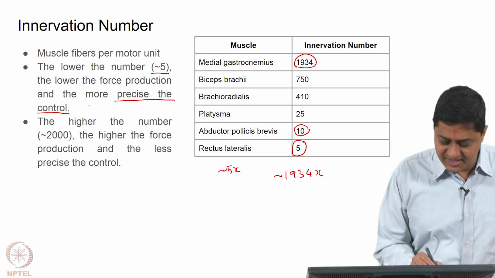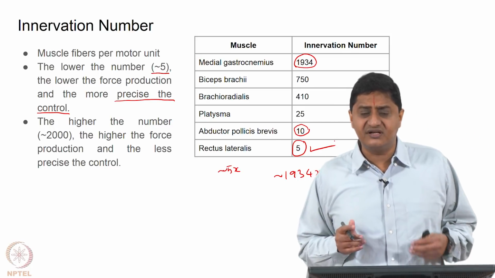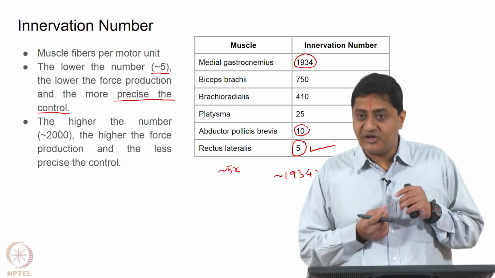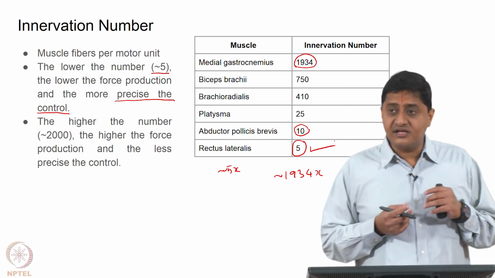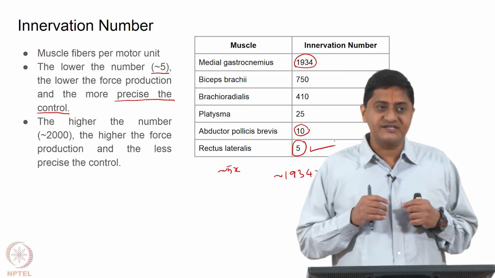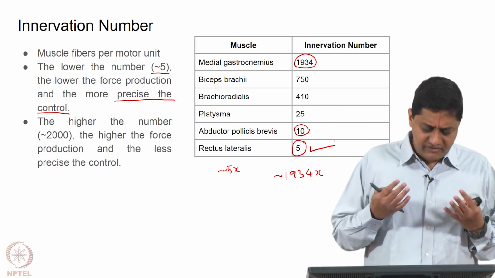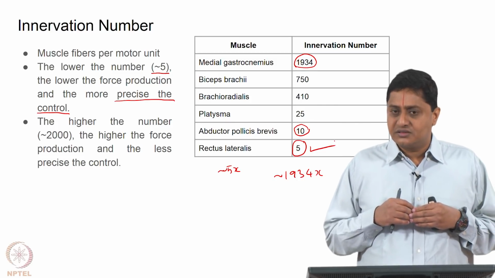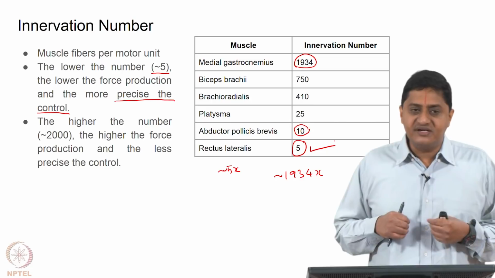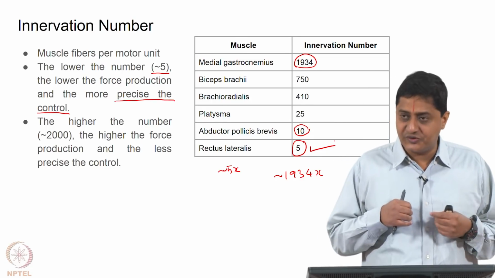So, in such cases I am going to use motor neurons that innervate a smaller number of fibers, or there are cases when I need to produce a relatively large amount of force. For example, when I am standing, even during quiet standing. When I am standing, my body weight is supported by the muscles responsible for posture maintenance.